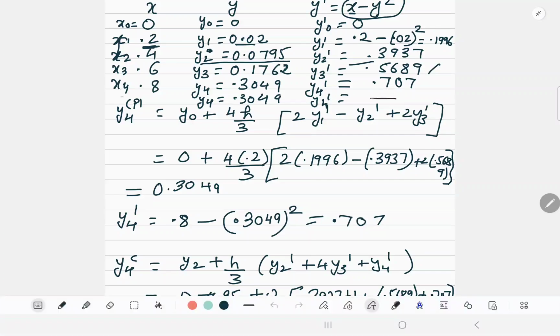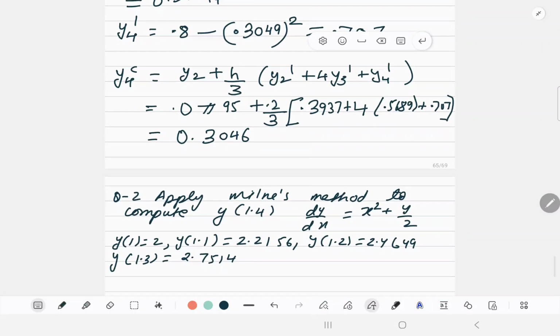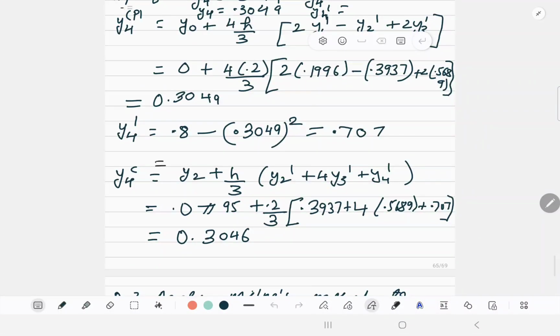Write it here, again put it in the corrector formula and you will get the same answer. So this is how you have to do the questions.